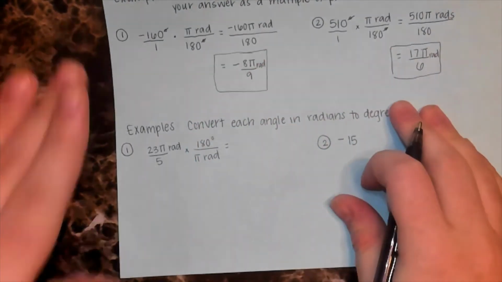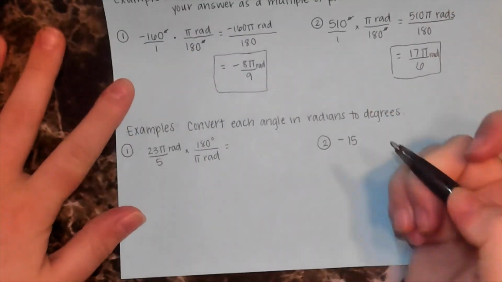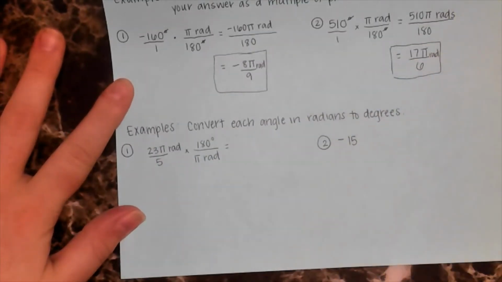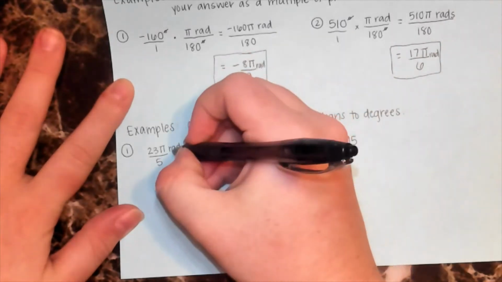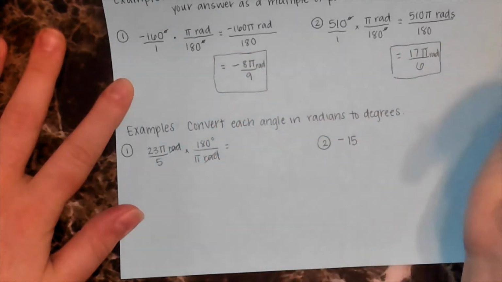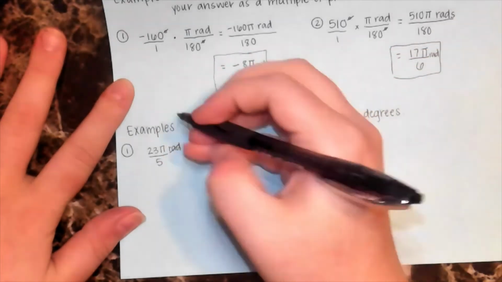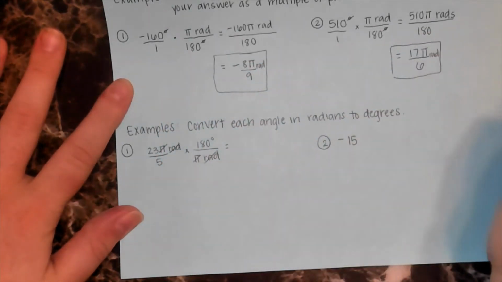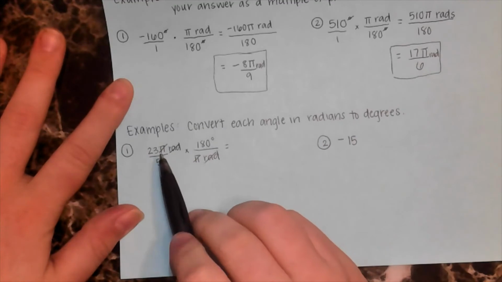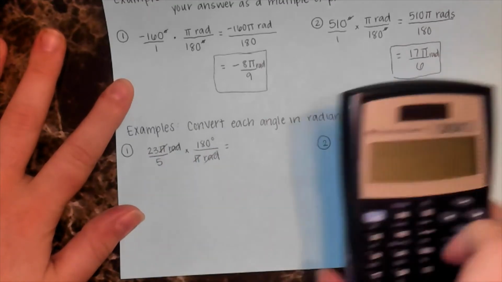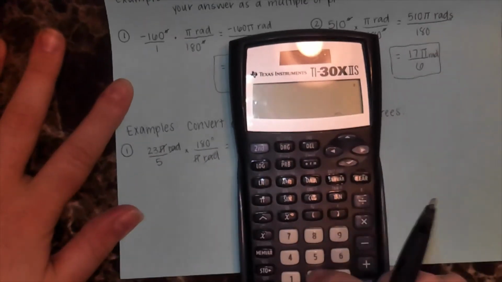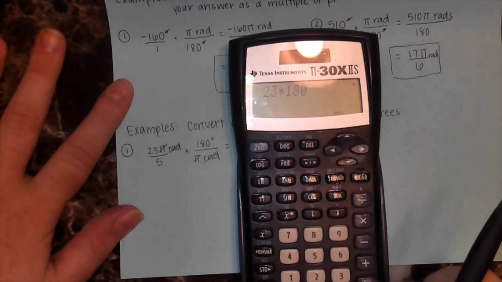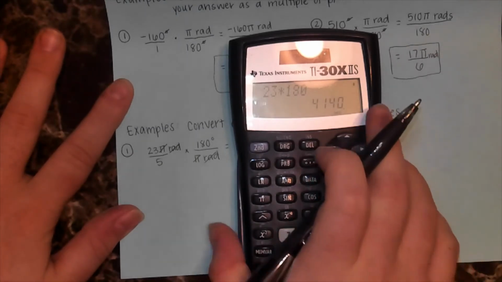And we're multiplying straight across. So some things that are the same top and bottom, I have radians top and bottom that will cancel. And I also have pi top and bottom that will cancel in this problem. So when I multiply straight across, 23 times 180 is 4,140.